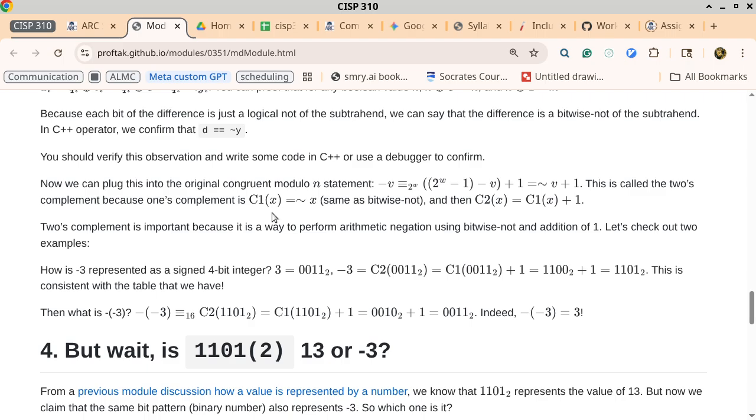The first one is the definition of one's complement. It is tilde x, the bitwise not of x, which is illustrated here. You start with a pattern and you flip all the bits.